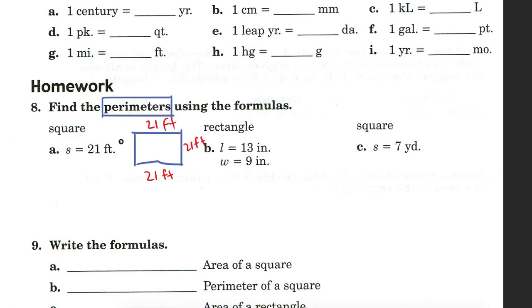How do I find the perimeter? So remember, the formula for the perimeter of a square is perimeter equals 4 times S. And this time it's a rectangle. So the formula for finding the perimeter of a rectangle is 2 times the length plus 2 times the width.